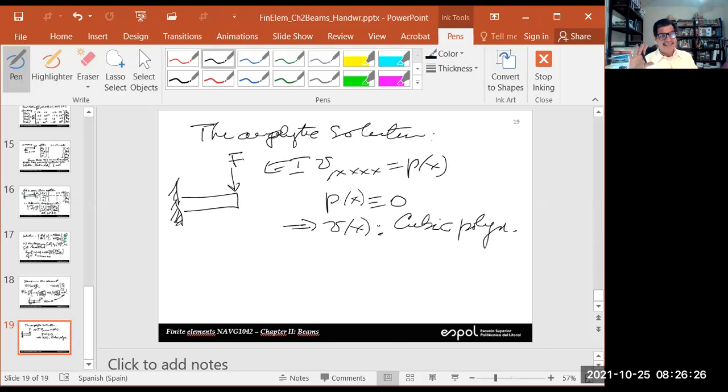That's why in cases when you have no distributed load and you put joints where you apply forces or moments, the solution is going to be exact. Because we are approximating the solution with a cubic polynomial, and that corresponds exactly to the analytic solution.